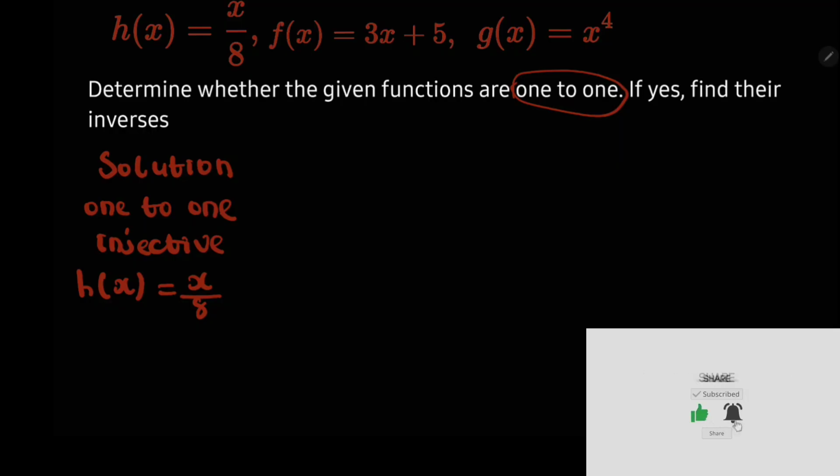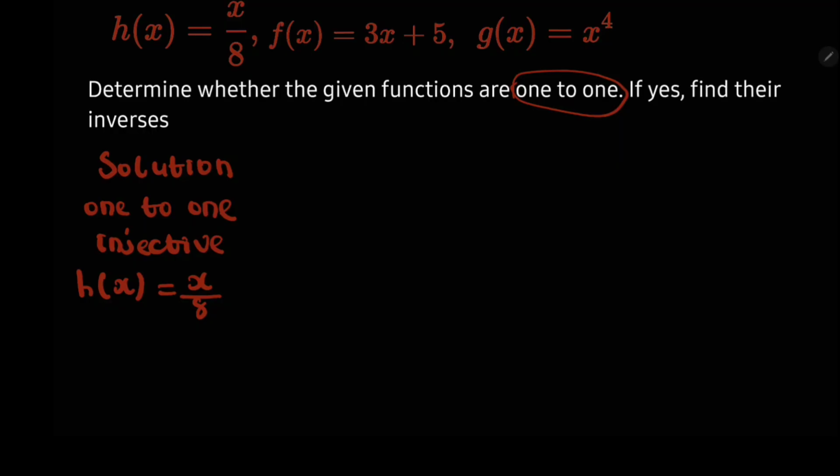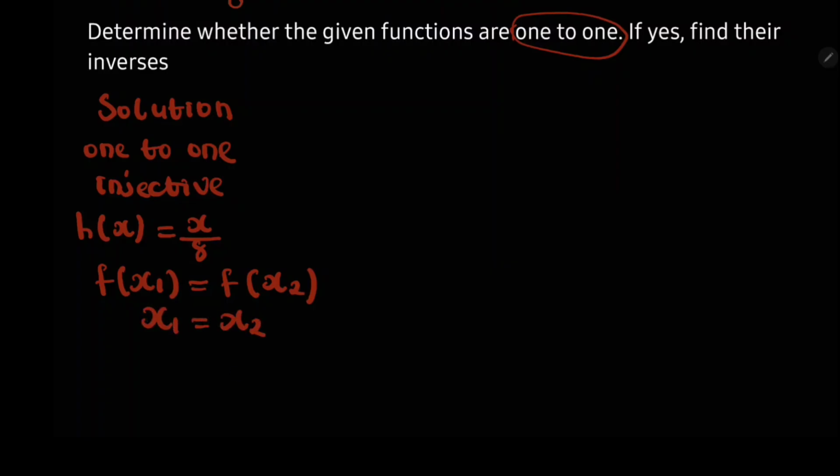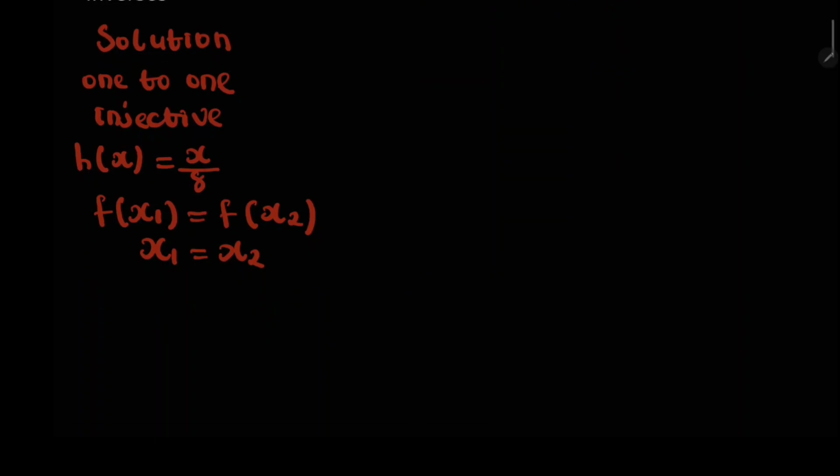Now we have to determine whether this function is injective. Remember, for injective functions, f of x1 equal to f of x2 should be the same as x1 equal to x2. So that is what we have. So basically x1 should be equal to x2.